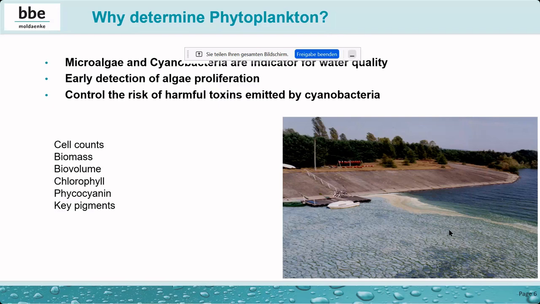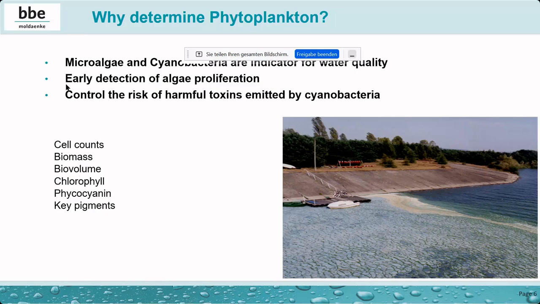What people are doing now, they want to detect these algae or cyanobacteria at a very early stage and can control the risk of harmful algae, especially those emitted by the cyanobacteria. And for this, there are some parameters they can determine. For example, take samples and measure the cell counts, or determine the biomass, fresh mass or dried biomass.